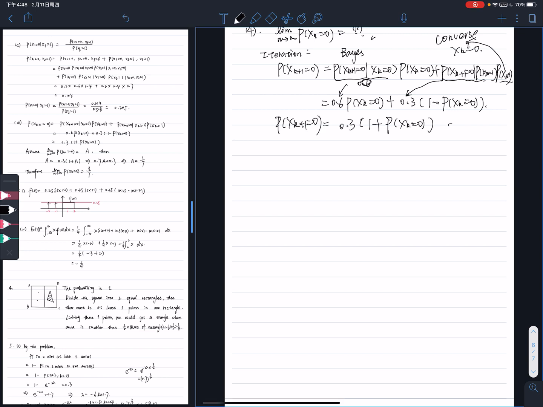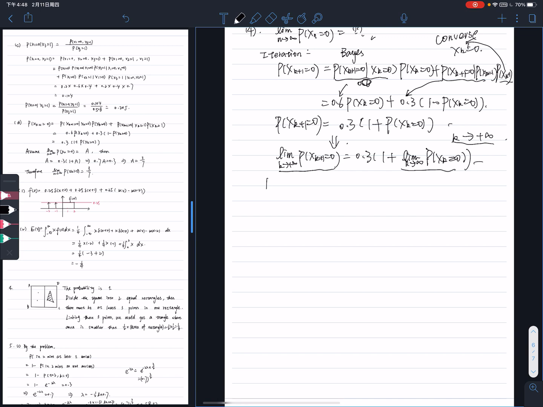If we let k go to infinity, this formula becomes the limit of k to infinity of P(x_{k+1} equals 0) equals 0.3 times (1 plus the limit of k to infinity of P(x_k equals 0)). When k tends to infinity, these two limits are the same.